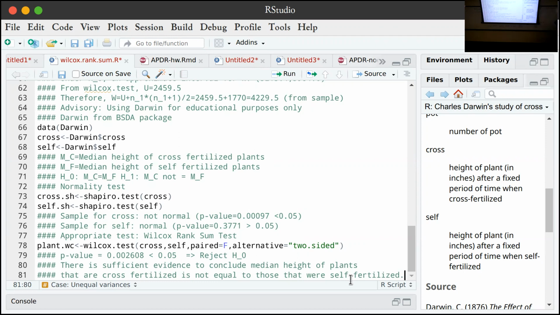Are we clear? Yes? No? This actually became a very good candidate for a couple of reasons. One, sample size, small. Two, violation of normality. A two-sample t-test definitely is not applicable. Any questions?